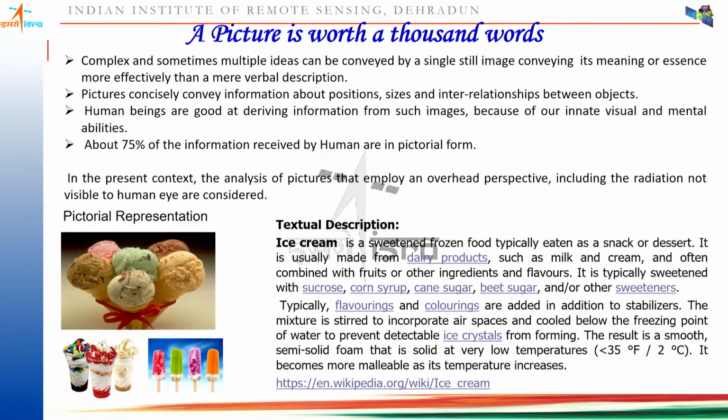In our context, we are talking about the pictures or imagery captured by the satellite sensors orbiting around the Earth. In this session, we will mainly focus on Earth observation optical data, the images captured by those sensors.